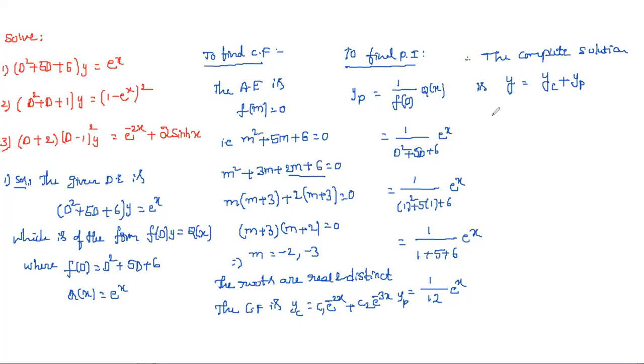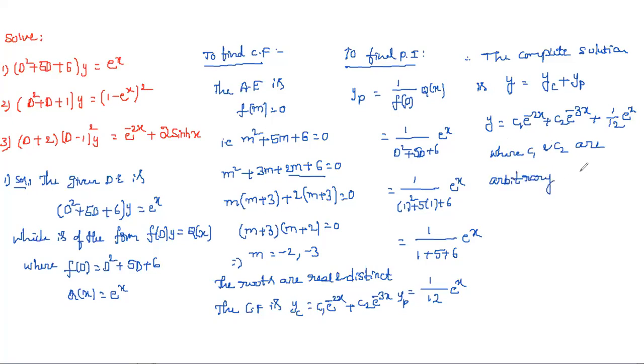Y is equal to C1 e power minus 2x plus C2 e power minus 3x plus yp, which is what we got, 1 by 12 into e power x, where C1 and C2 are arbitrary constants.